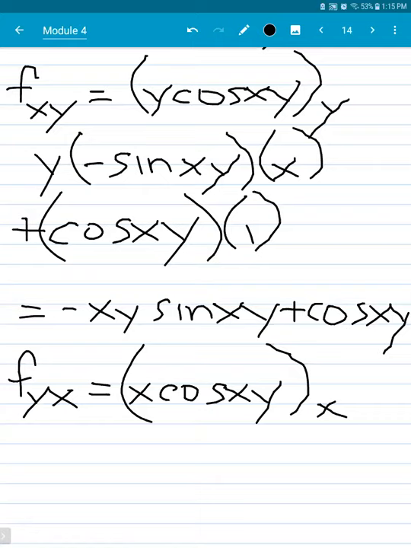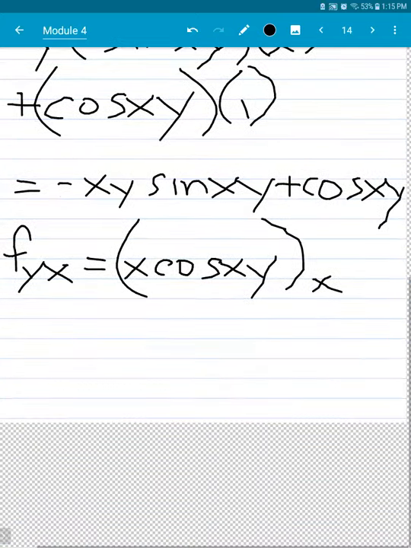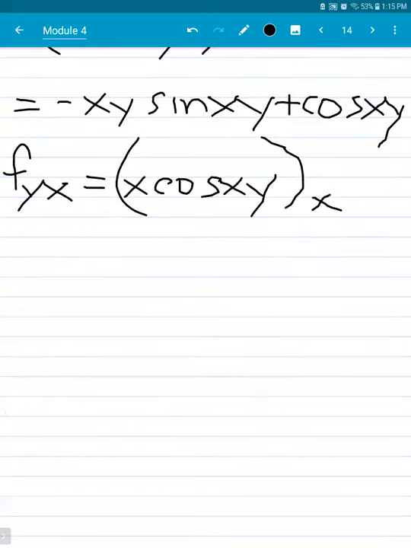Okay, let me show. Okay, product rule. X. Then differentiate. Negative times 1.